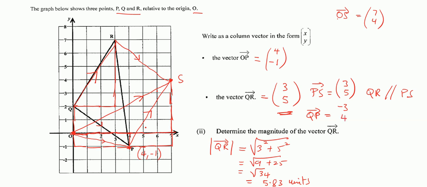So it's minus 3, 4. Right? So that is QP. Now we want to show that RS is parallel to QP, so we need to find RS. The vector RS will be, we're going to go 1, 2, 3, 4.